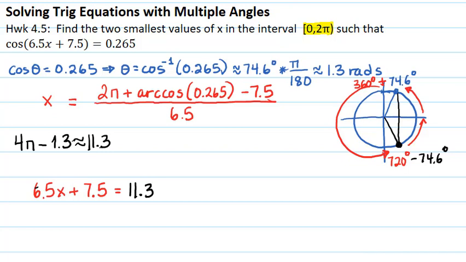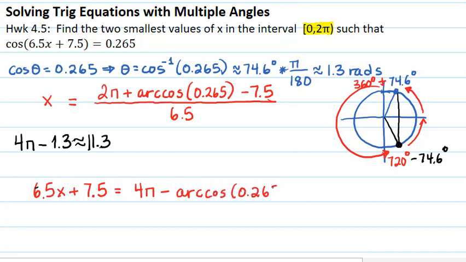Again, the 11.3 is actually not the exact answer. The expression that gives me the exact answer is 4 pi minus the radian measure of 1.3. The radian measure of 1.3 is the angle that has cosine 0.265.